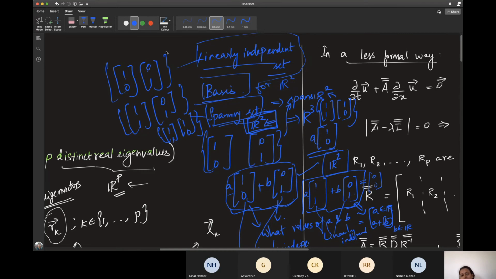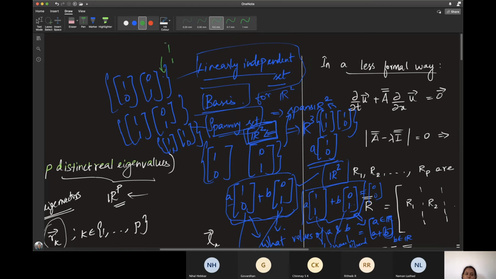To these sets, if you add just one more element, let me say I'm adding one more element to it, call it 1 1. Now will these three vectors together be linearly independent? Let's see.